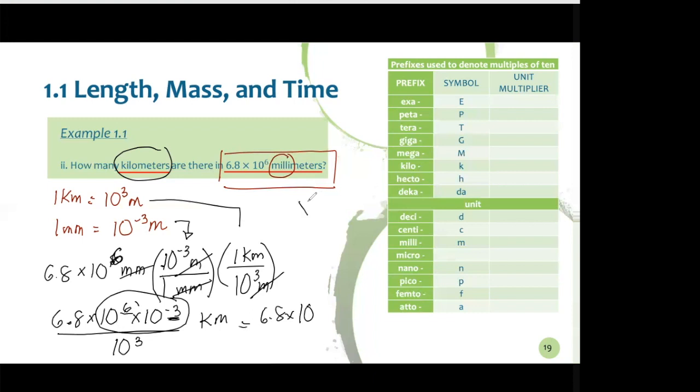If you have x to the 6 multiplied by x to the negative 3, what is the answer? x to the 3. Very good. Divided by 10 to the 3. Cancel, cancel. That's why the answer here is simply this one, 6.8.